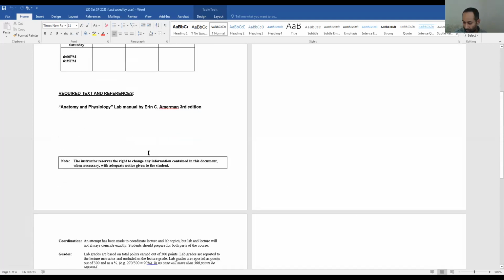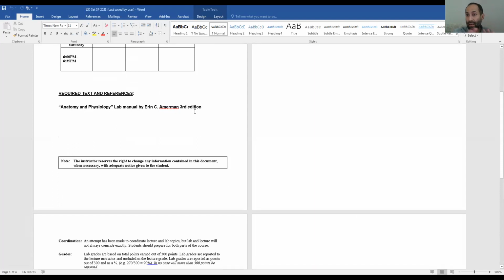Okay, so what do you need for your lab is basically two things again, okay? Your lab manual, either a hard copy, actual manual, or an electronic copy, doesn't matter. But it is Exploring Human Anatomy and Physiology by Erin C. Amerman, third edition. That's the one, okay? That's one.